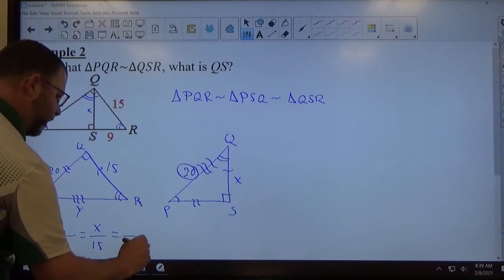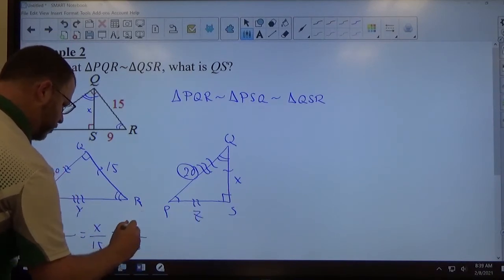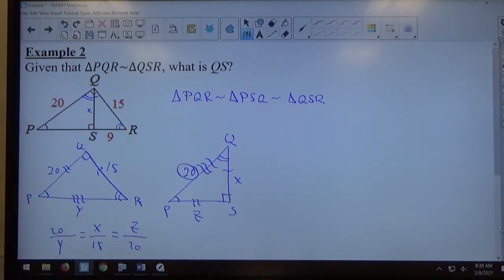And this is 20, and maybe this is Z. Can we use that to figure anything out? We've got 3 numbers in the thing, right? But does any pair of those fractions allow us to figure out how big anything is?